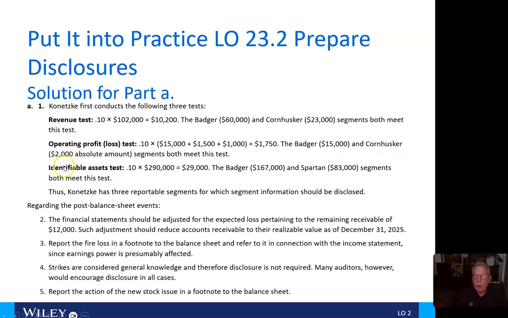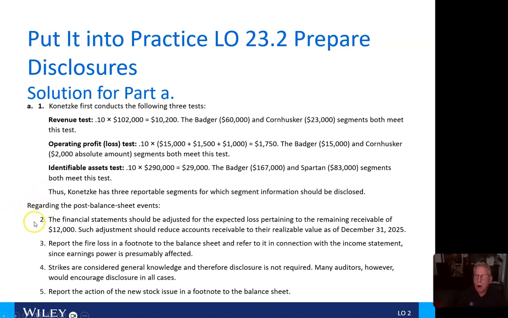Badger and Cornhusker segments, absolute amount, do meet that test. And then the identifiable assets test, 10% of $290,000 or $29,000. Badger and Spartan segments both meet this test. Therefore, Acctg has 3 reportable segments for which segment information should be disclosed.